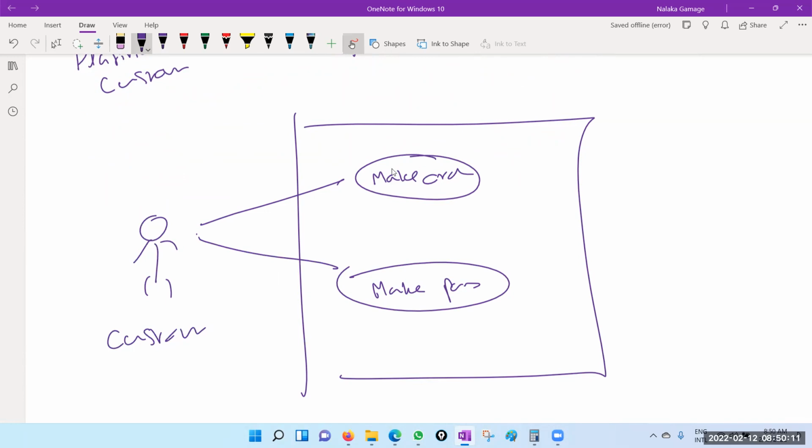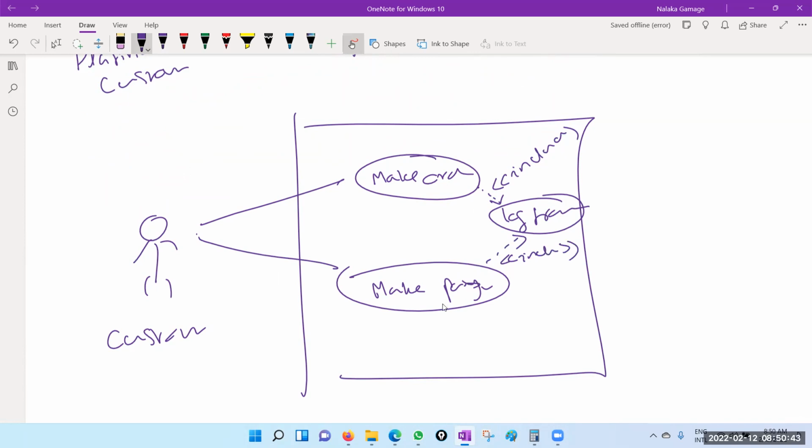Now assume that when you make an order or when you make a payment, we have to log it, that means write to a log file. Say log transaction. Every time you make an order, you have to do it. It's mandatory. So then you can do something like this and you can say include. Here also you can say include.